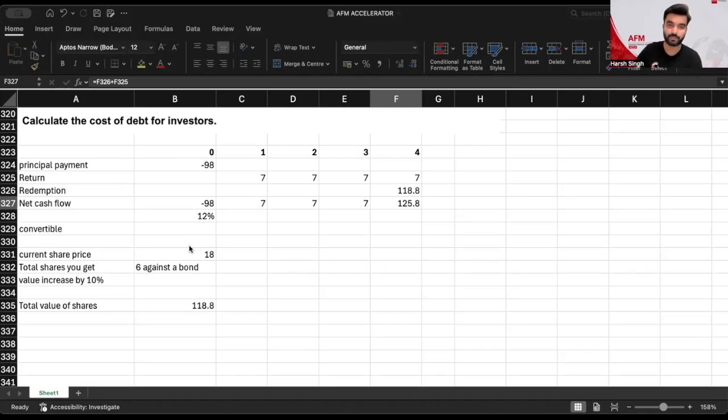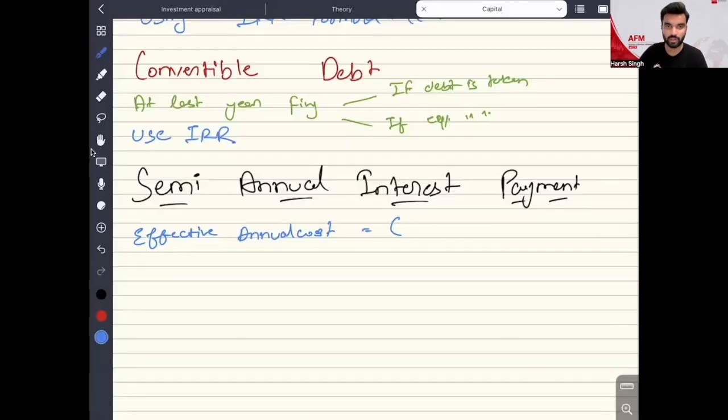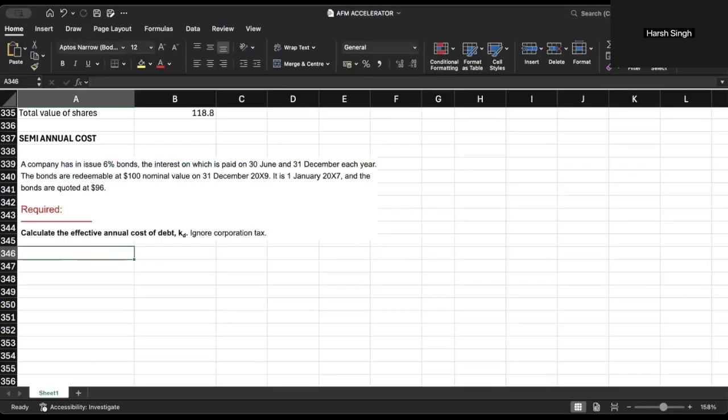What is the formula for effective annual cost? We can do that by putting the formula 1 plus semi-annual cost raised to the power 2 minus 1. This is the value if we have to find out any interest which is semi-annually provided.